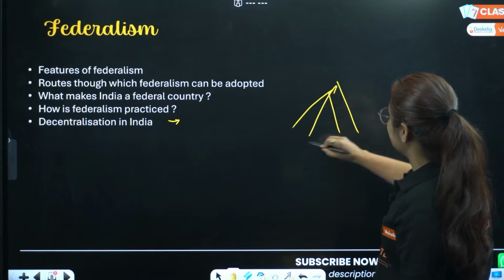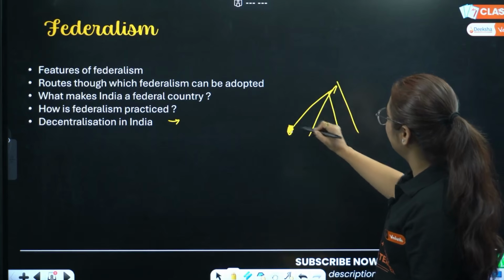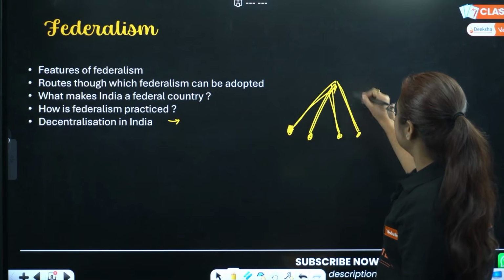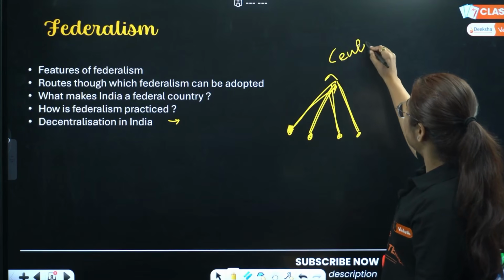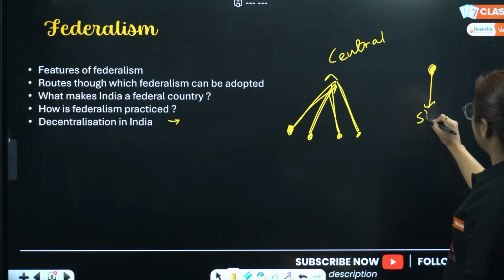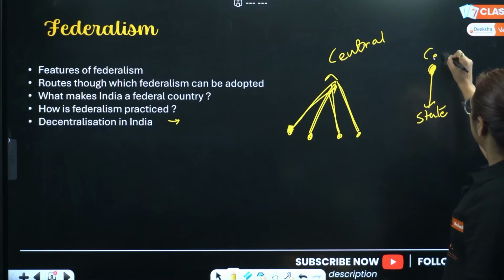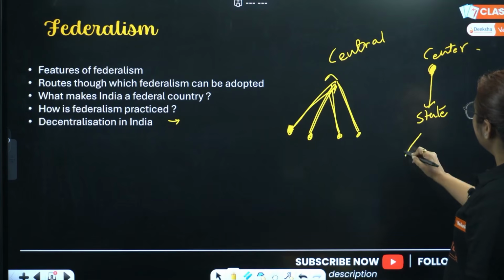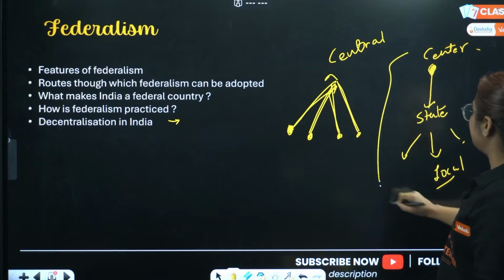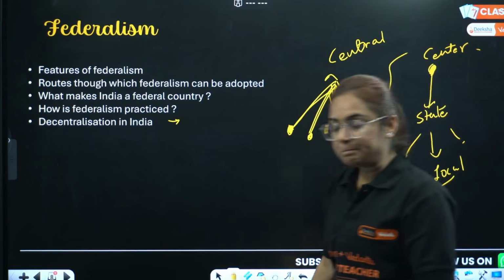When powers are taken from local people and given to one person only, this is known as centralization.